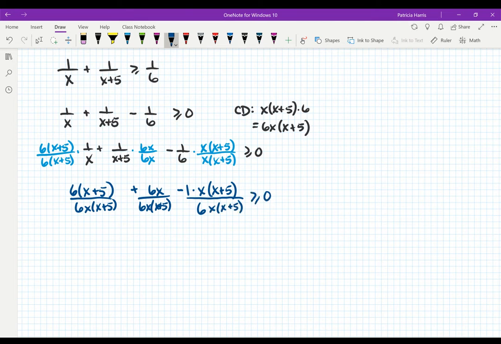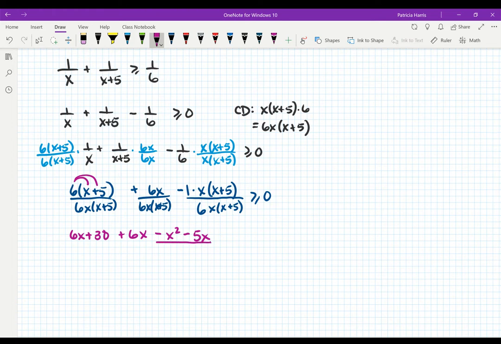Okay, looks a little messy. Let's straighten it out, make it look pretty. Okay, here we go. Okay. And that's a negative 1. So I get a negative x squared and a negative 5x. Now, everybody has the same denominator now.